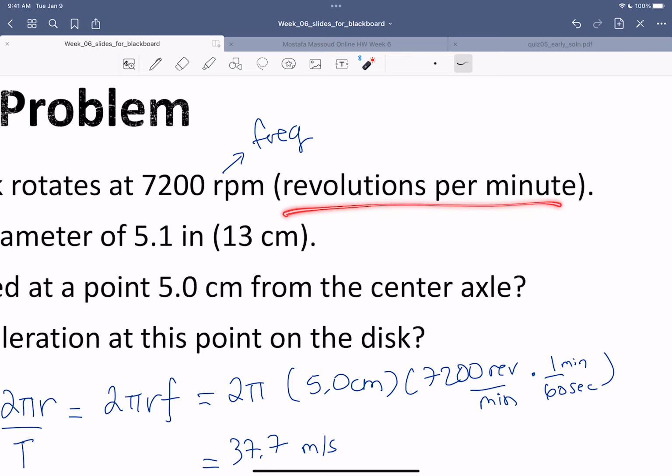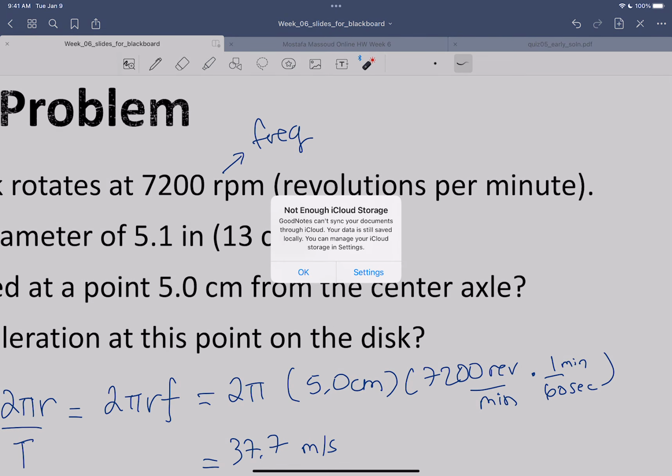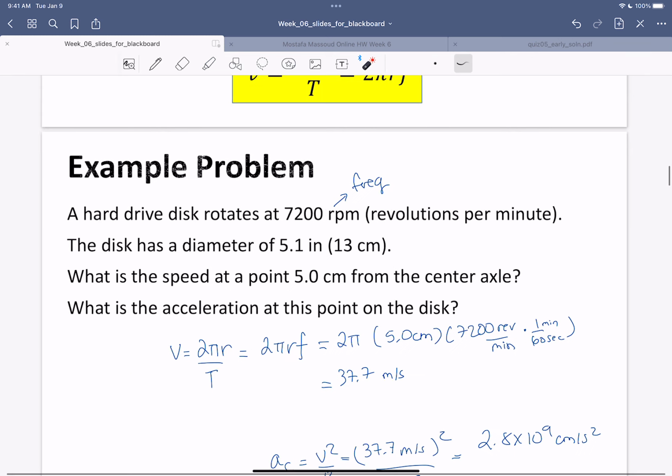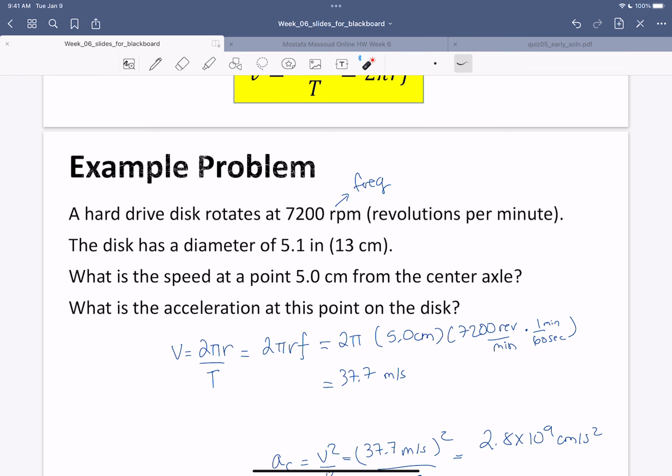Revolutions per minute, revolutions per second, any revolutions per any time interval, per milliseconds, per microseconds, whatever it is, that's going to indicate frequency. If I'm saying meters per second, miles per hour, that's an indication of speed, linear speed. That's one of the most important distinctions that you have to make, especially with this unit's information.